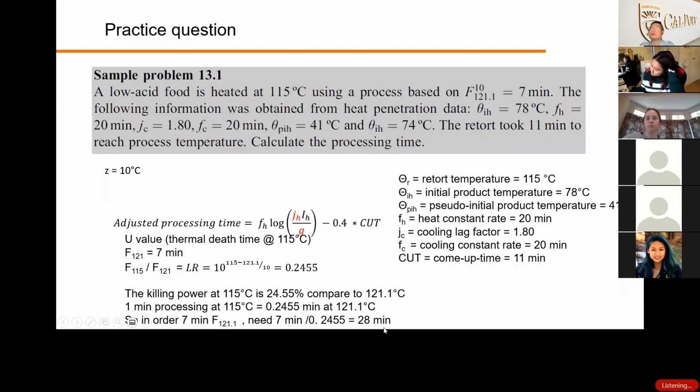So this is the U value, how we get the U value. Is that clear, guys?